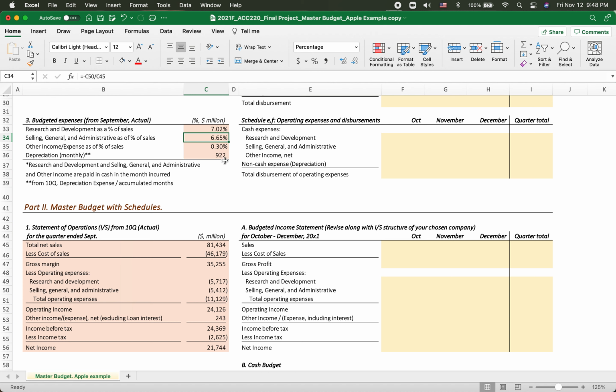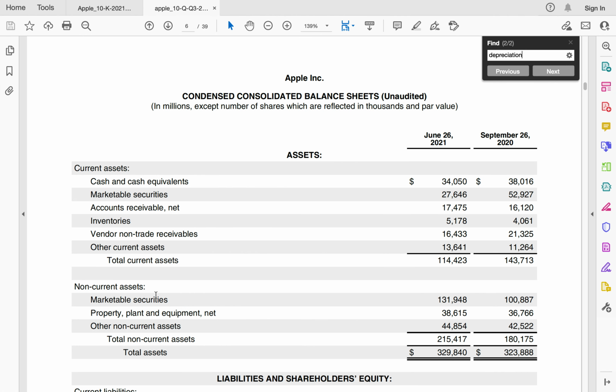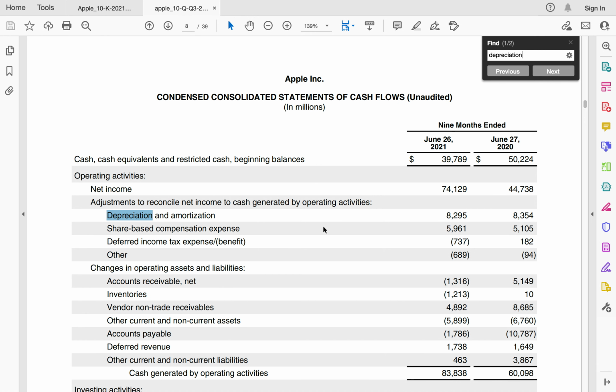And then depreciation. How do you get the depreciation? I got this depreciation information from the 10Q, and I found the depreciation of the last quarter, $8,295,000,000, right?